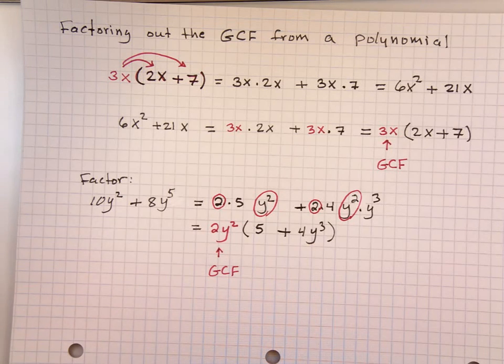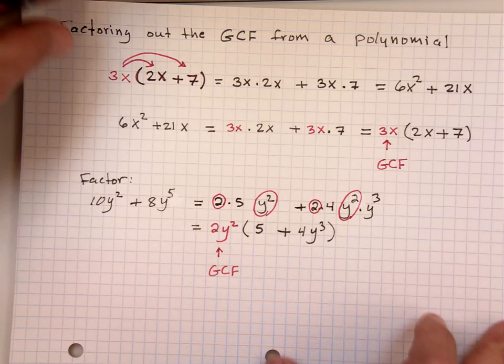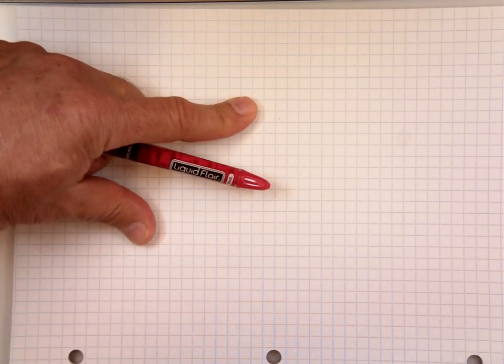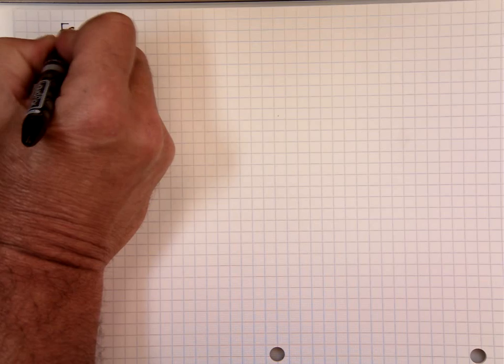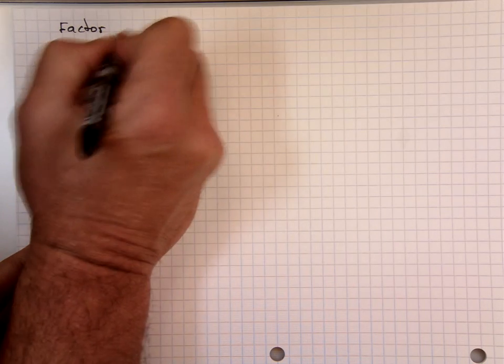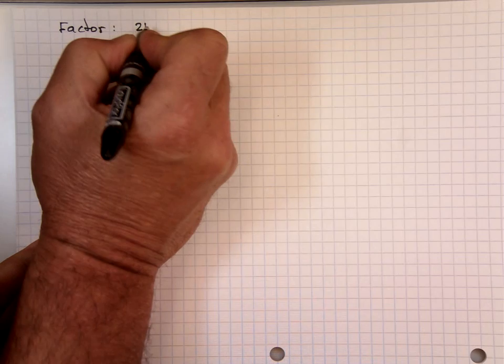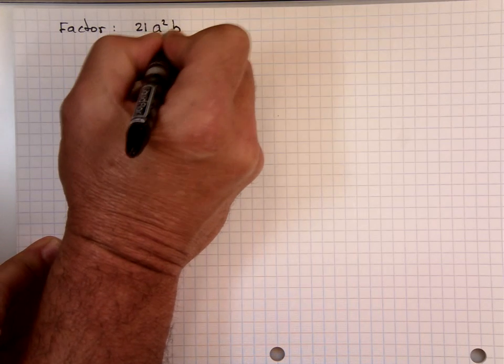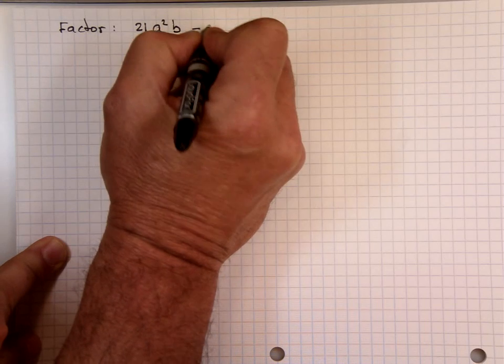Let me try another one. Factor 21a squared b minus 14a.